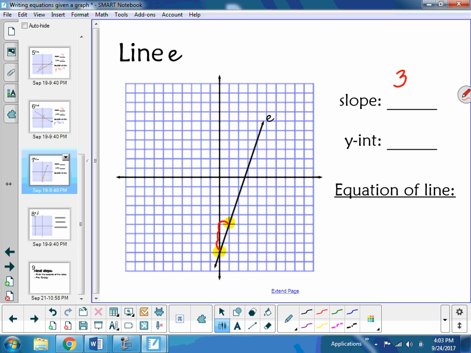So positive 3 over 1, or you can just write that as 3. Either way. Okay, and where are we crossing the y-axis? Count down, that's happening at -8. So my y-intercept is -8. So our equation, y equals 3x minus 8.